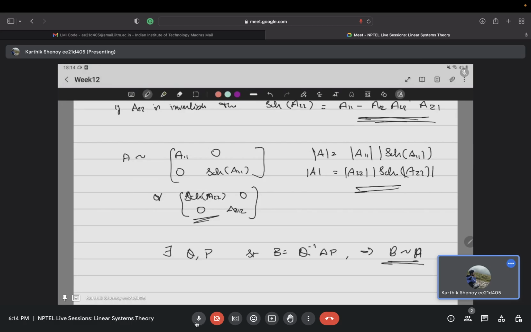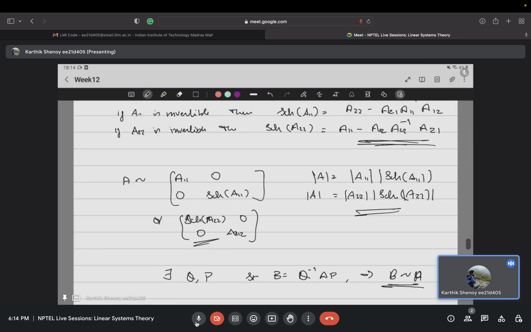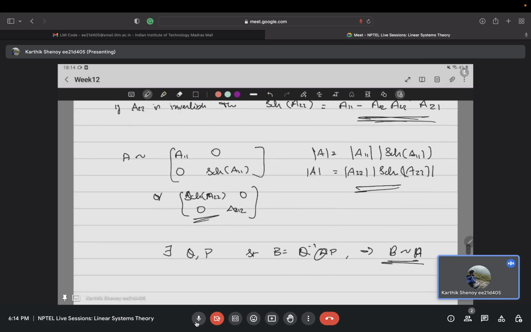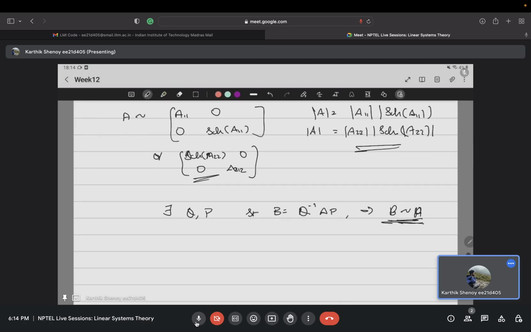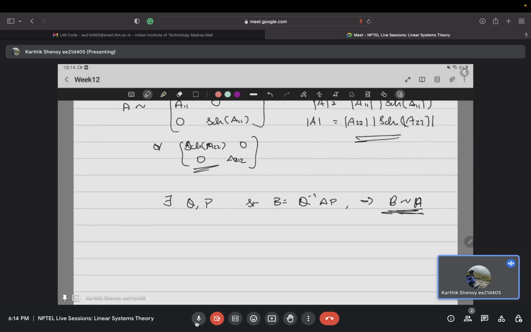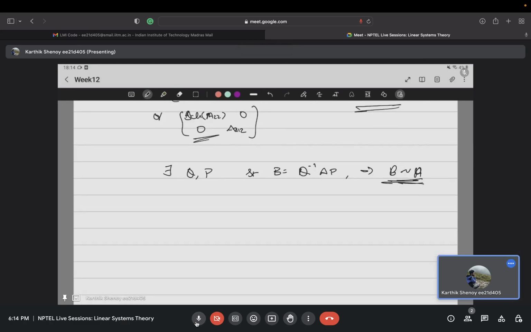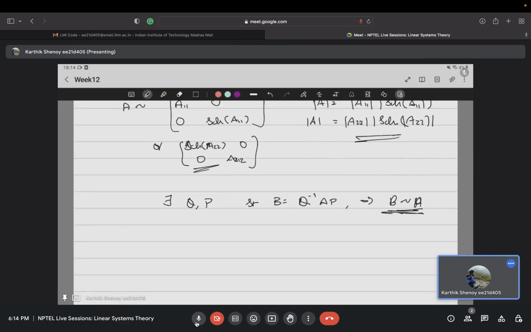If the A matrix and B matrix are not square, you can't call them similar matrices. So, they are equivalent matrices. Okay. So, you can transform one to the other. Those are called equivalent matrices.